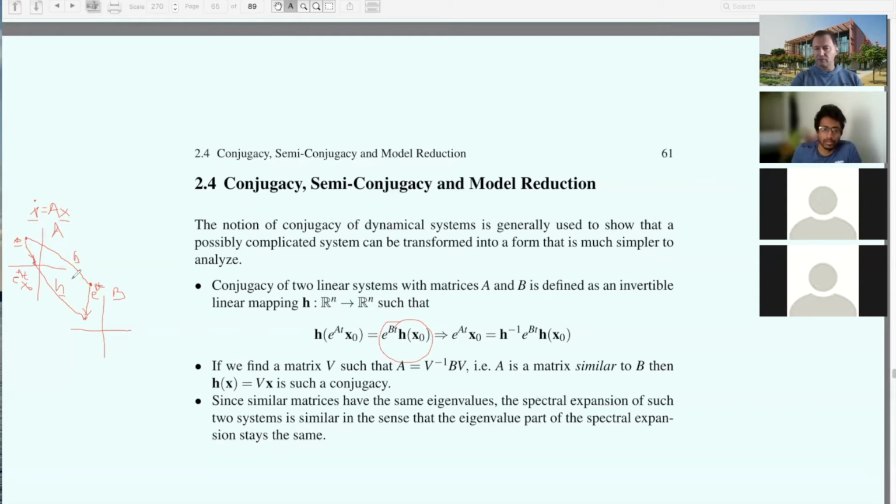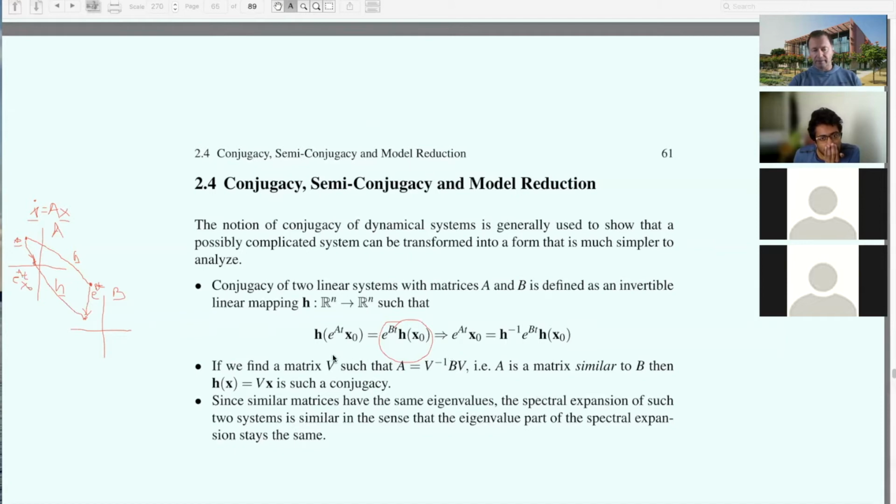If that H is an invertible mapping, in this case we're going to call it a conjugacy because it's a linear mapping. It's also clearly smooth. You can take a derivative. No issues with that. You will see in nonlinear systems, we are going to be very interested in various aspects of smoothness of that H, but here we're just asking for it to be a linear system.